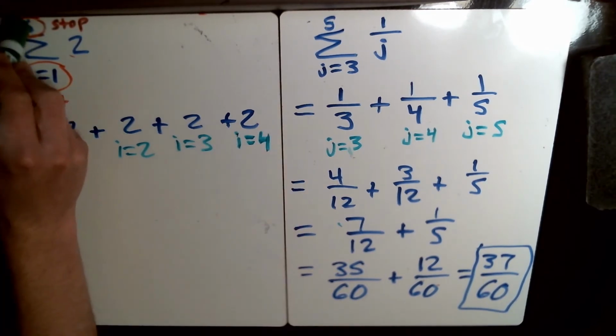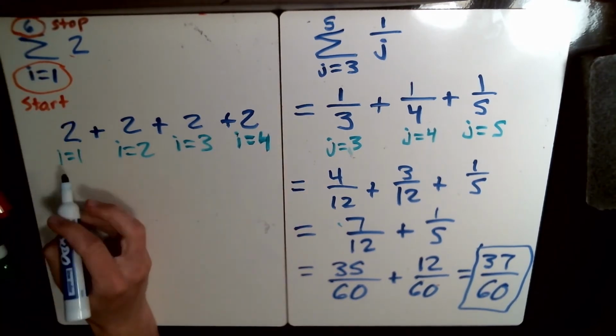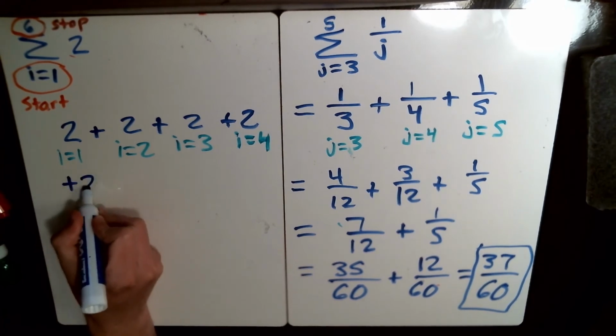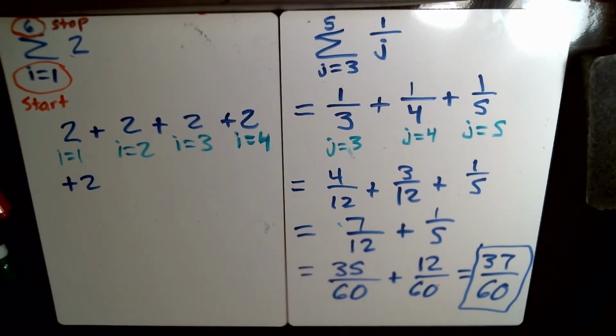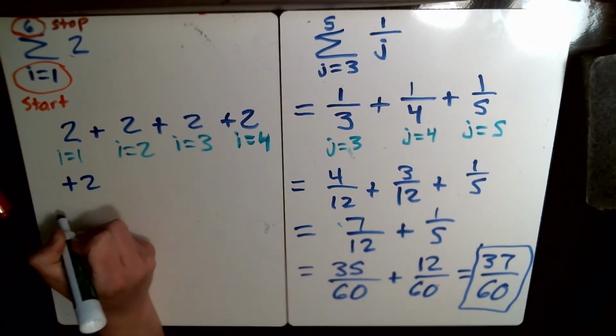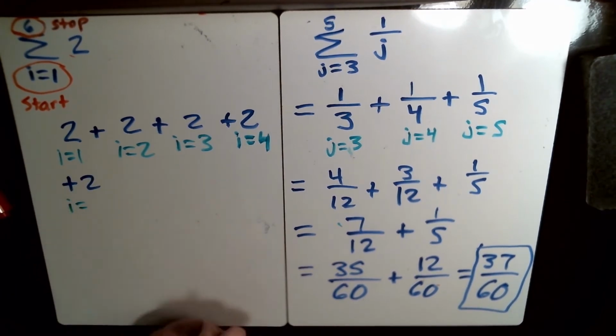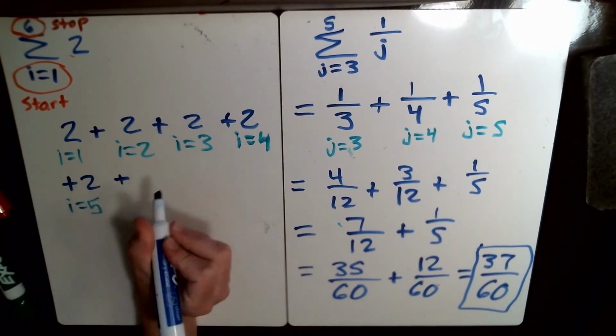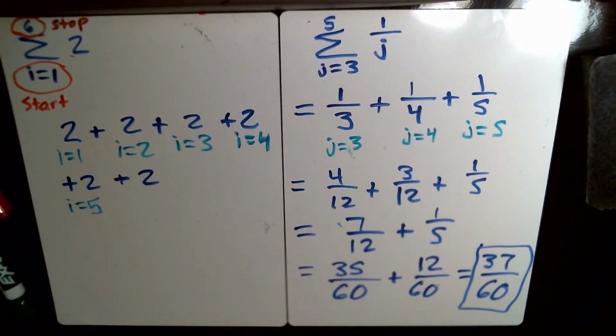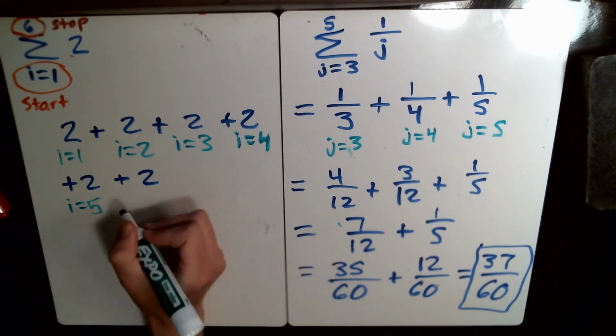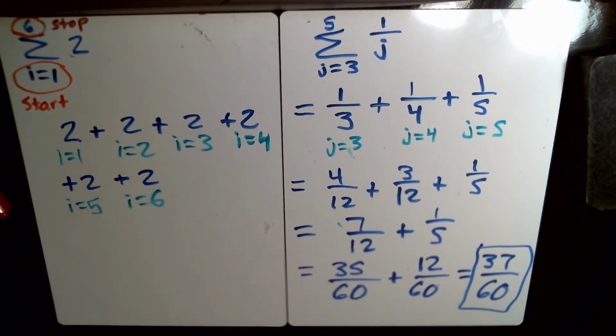And we're not to our stop yet, right? Our stop is at 6. Another 2 when I is 5. And then finally, another 2 when I is 6. So in other words, how many 2's do I have?